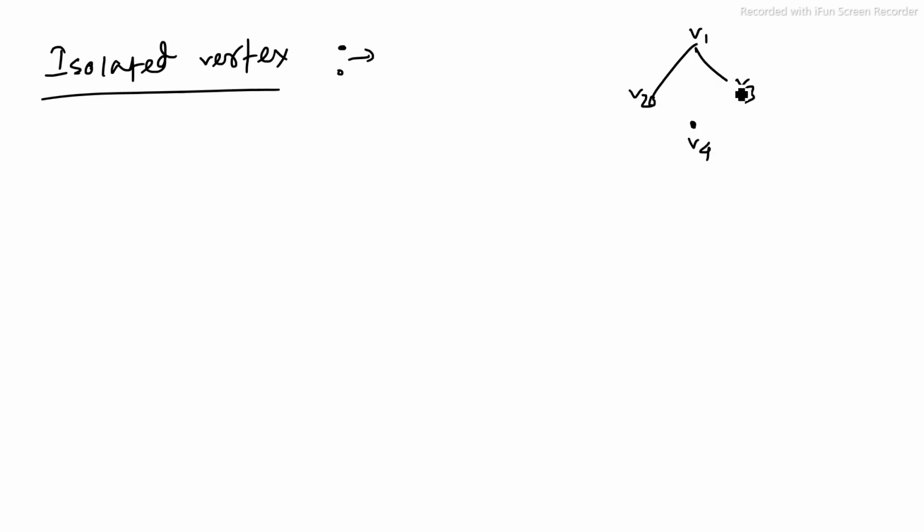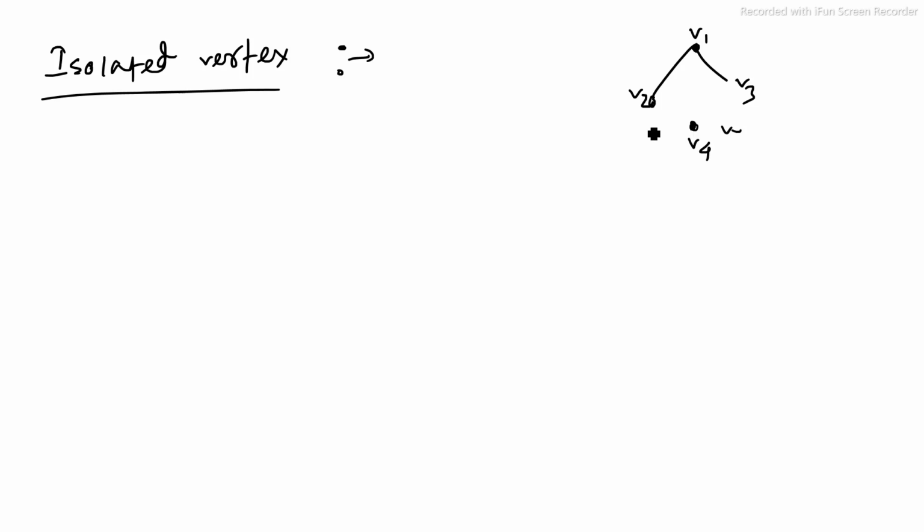Here the isolated vertex is v4. No edges are connected, or no vertex is adjacent to this vertex. Or you can say the degree of the vertex is 0. It's called an isolated vertex.